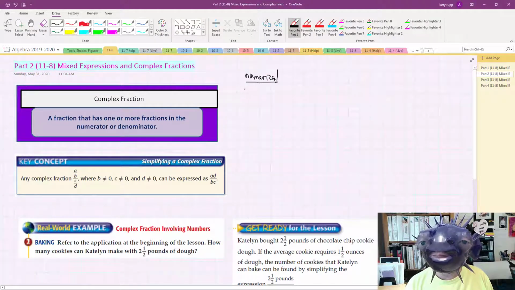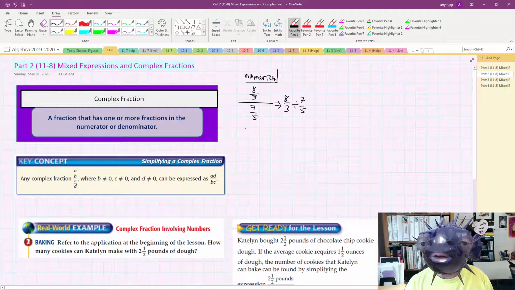The book has 8 over 3 divided by 7 over 5. Now remember, this is where I tell you to take this vertically and write it horizontally. So you have 8 over 3 divided by 7 over 5. Then you keep it, change it, flip it.